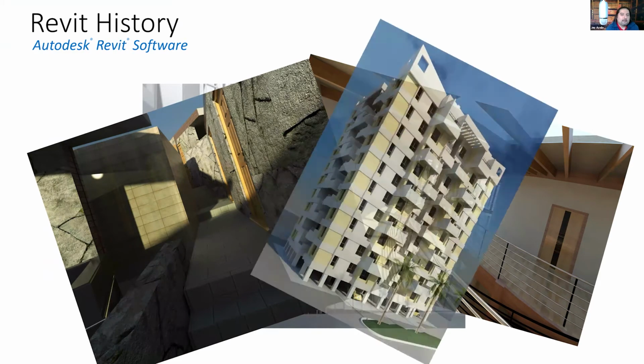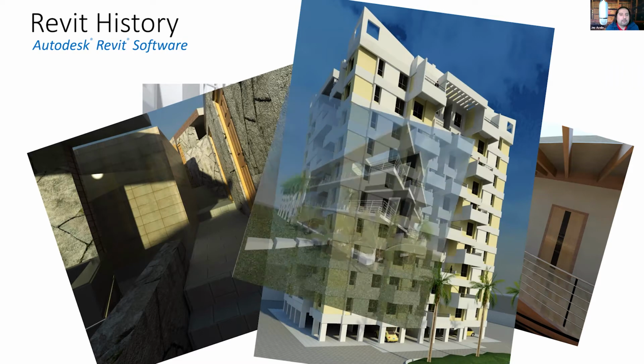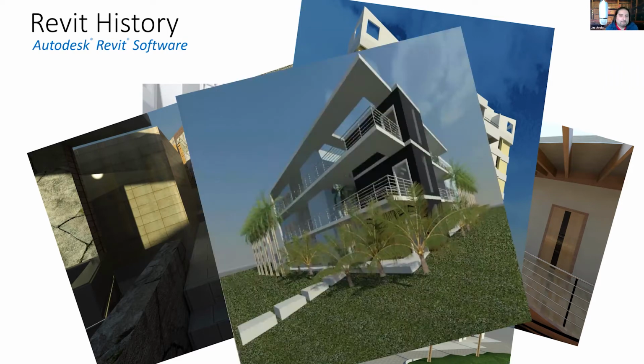Not only can we make beautiful 3D virtual representations of real world buildings and everything that's in them, but we can get construction documents out of it as well. And it's all predicated on this amazing concept that is all parametric, so if you make a change, it propagates throughout.